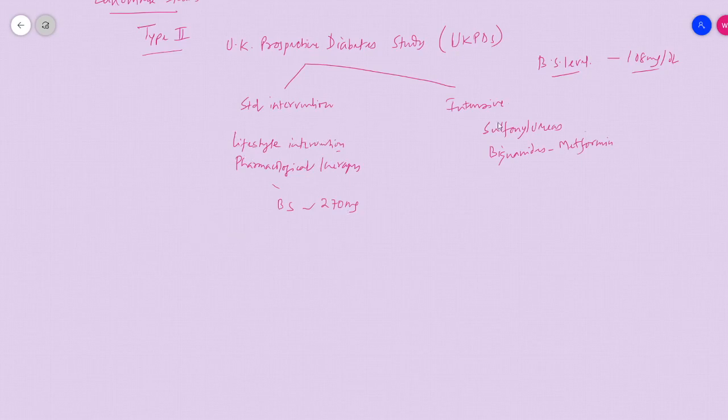What was readily observed was that HbA1c was increased in the standard intervention arm, and obviously it was reduced in the intensive arm. Then some conclusions could be drawn.